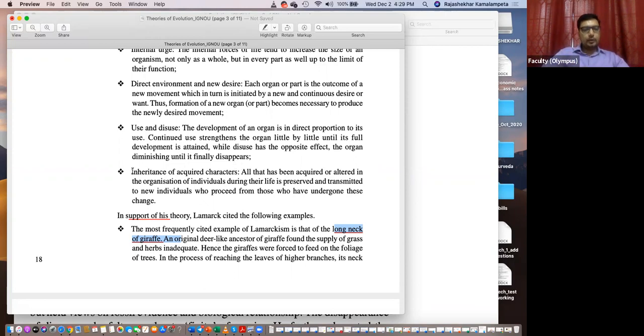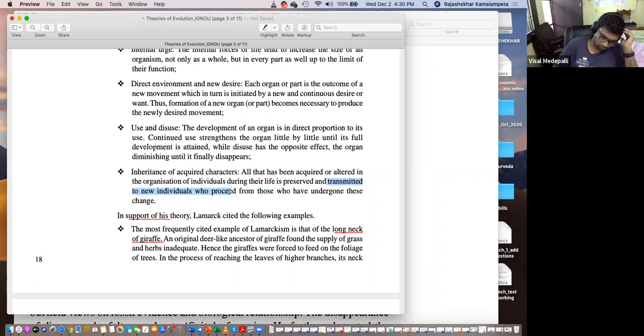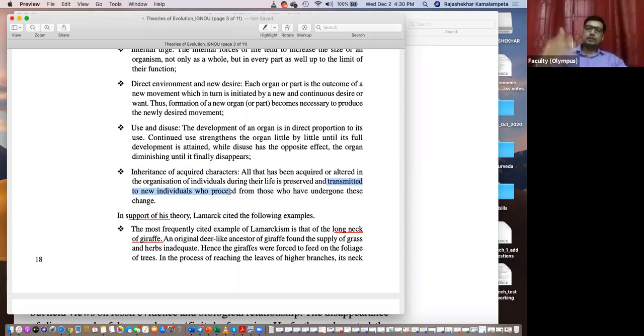So, inheritance of acquired characteristics. What he thought is that all the acquired characteristics, by stretching them, by either using them or disusing them, are preserved. Somehow they made changes to whatever is inside that is controlling. At that time, they didn't know that there was DNA. So they thought that making these changes, maybe building muscles, for example, made changes to the body. And they got preserved in their life and transmitted to the new individuals who proceed this action and change.